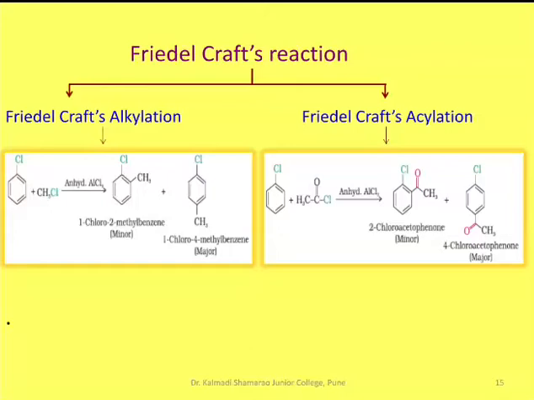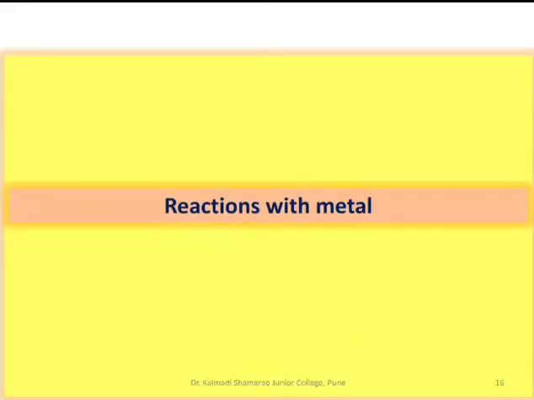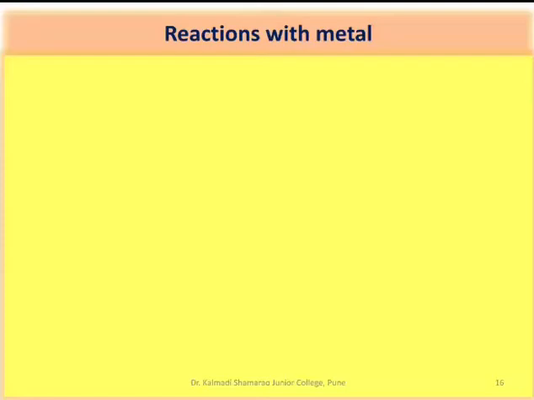For example, chlorobenzene when reacted with acetyl chloride in presence of anhydrous AlCl3 gives 2-chloroacetophenone as minor product and 4-chloroacetophenone as major product. Now let us discuss reaction of haloarenes with metal.